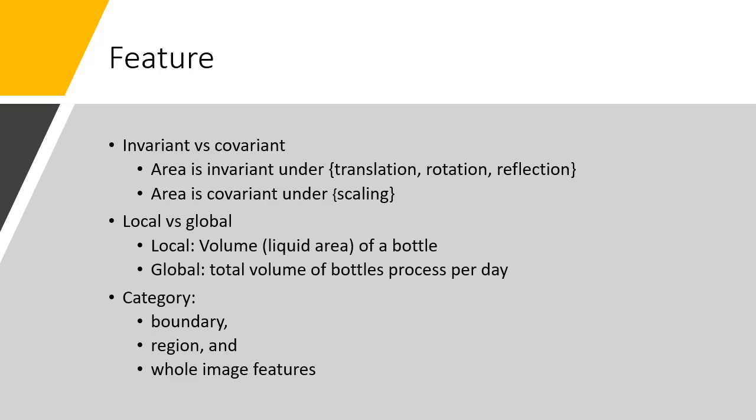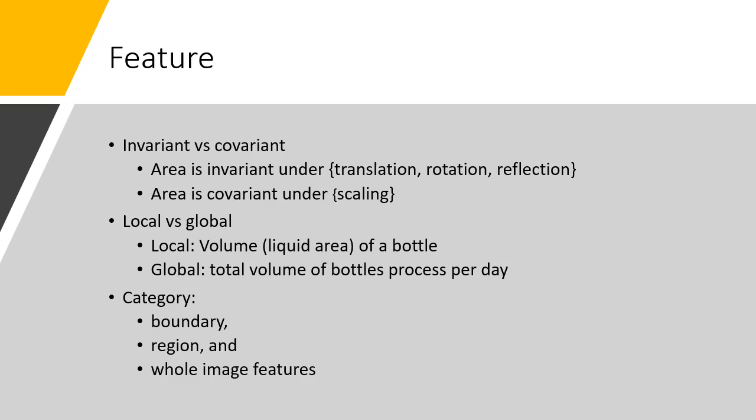As another example, a local feature could be the volume of liquid in a bottle in a bottling inspection, whereas a global feature means the total volume of bottles per day processed by a certain machine.